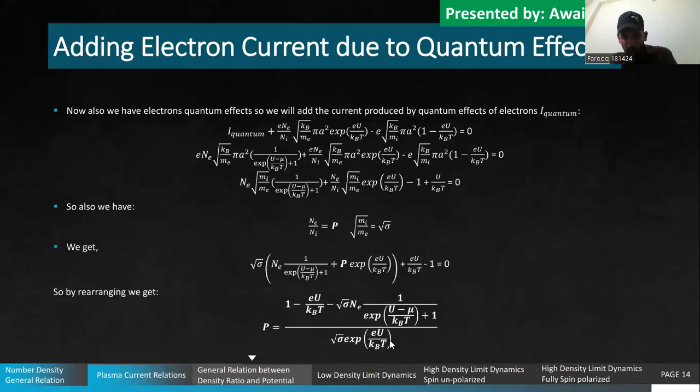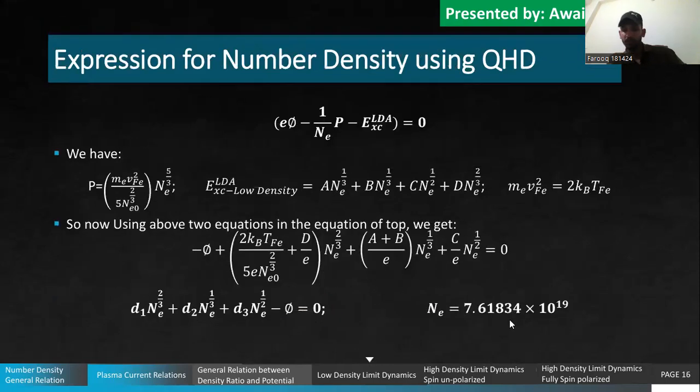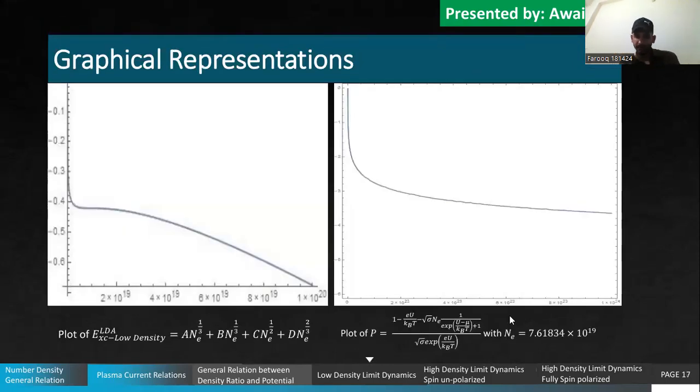We have formed a formula here between the P parameter, Ni over Ni, and U. We put the number density, which we have got from there, and then we plot this whole equation. When we plot this whole equation, we get this second graph.